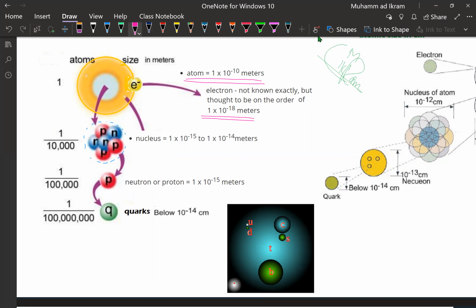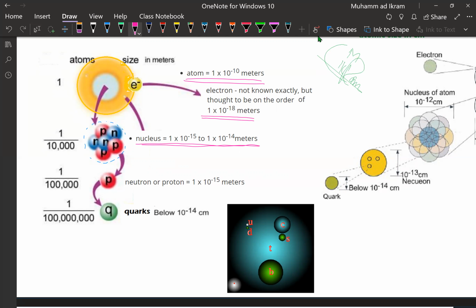Now if you look inside the nucleus, there you will find the proton and the neutron. And the size of the nucleus, as I already told about the structure of the nucleus, is 1 into 10 to the power minus 15 meter to 1 into 10 to the power minus 14 meter.